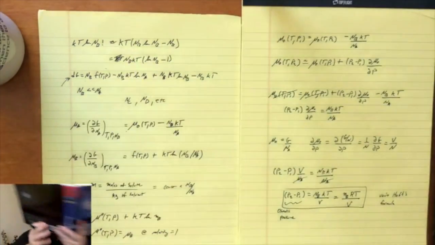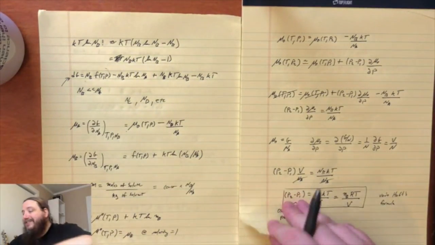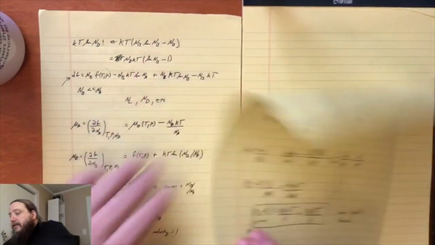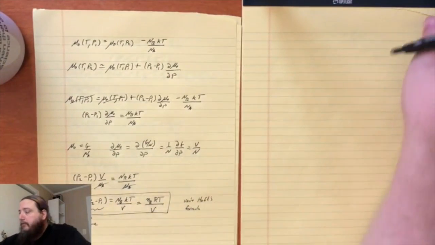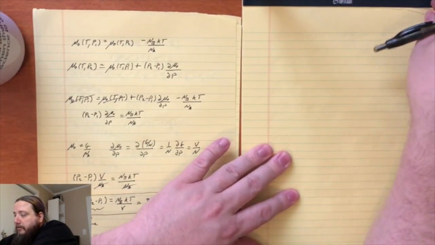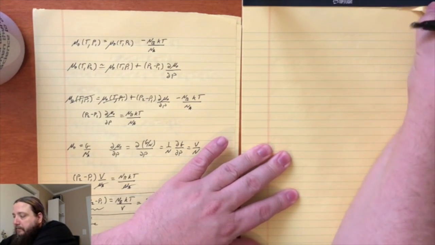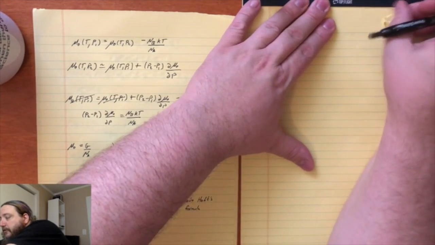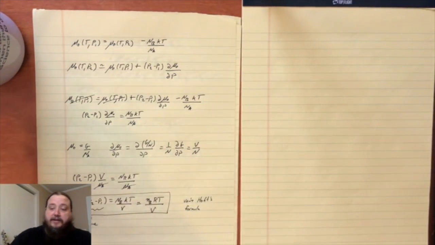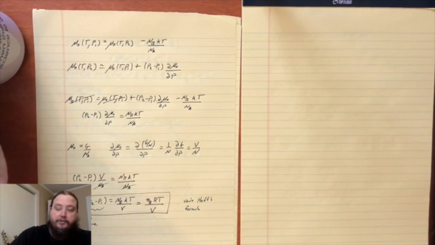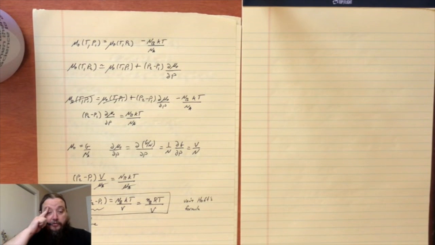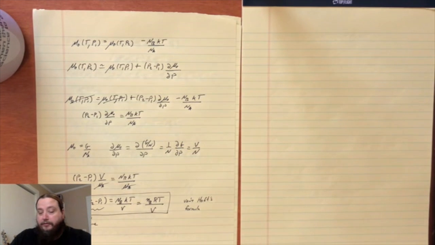And so we're going to examine this limit, looking at what happens to the boiling point of our solvent in the context that there is some solute dissolved into it. So we're going to consider a dilute solution, and this dilute solution is right at its boiling point.